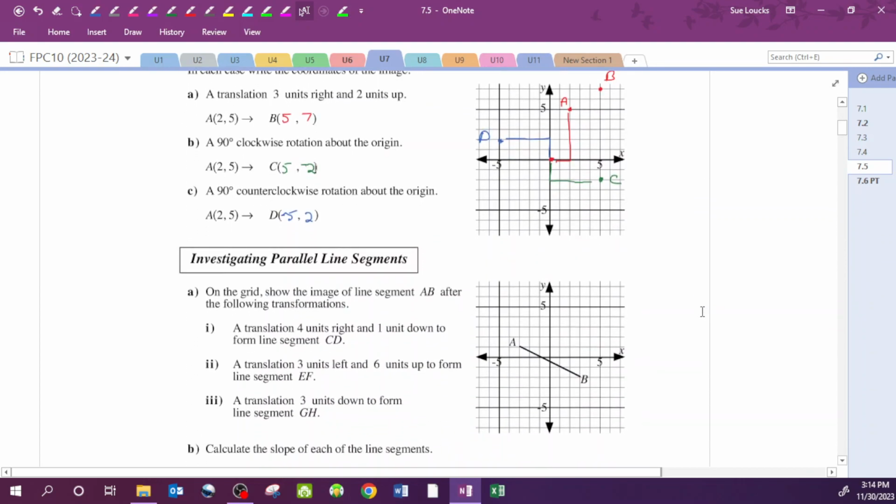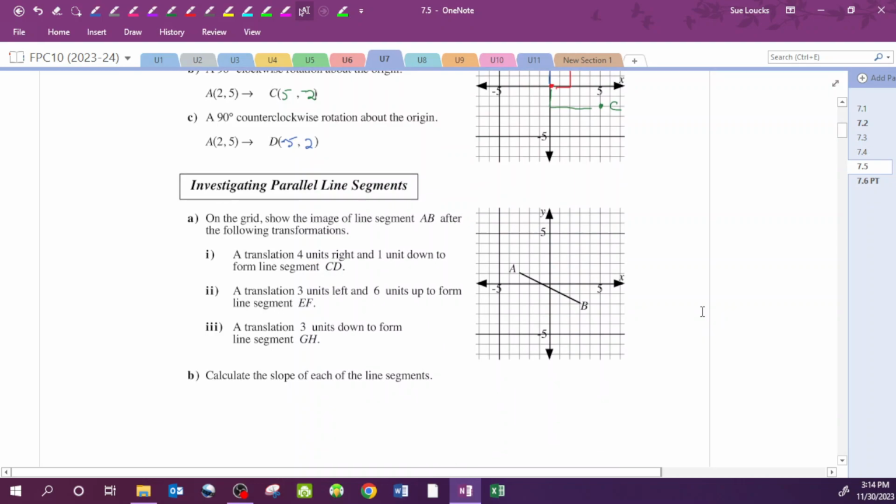Okay, we're going to look at some parallel line segments. So we've got one here that's AB, and we're going to translate it or slide it 4 units to the right and 1 unit down to form a segment CD. So I'm just going to take the endpoints to do this. I'm going to use the endpoint here. It's going to go 4 units to the right, 1, 2, 3, 4, and 1 down.